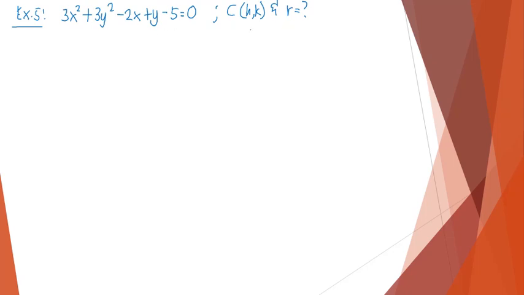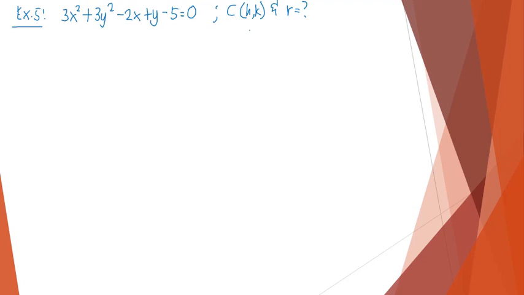Okay, so earlier we have that simplified formula given in order for us to easily identify the center and the radius with the given general equation of the circle.